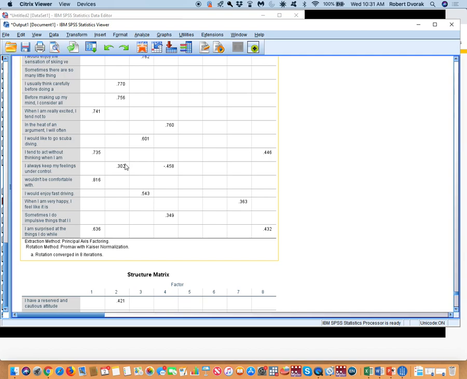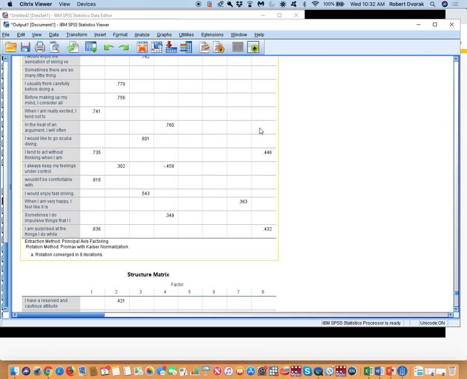There's another possibility here, and what is this other possibility? Could it be tapping into something else? Yeah, there might be another factor that we're just completely missing, right? And we might not have enough items to draw out that factor, and so you have this bleed-over of this thing that seems to be pushing to or being pushed by two different factors, but it could be another factor altogether that we just don't have enough traction to find.